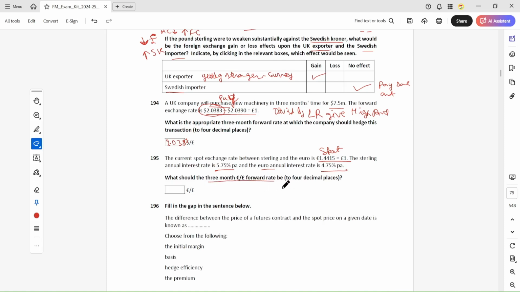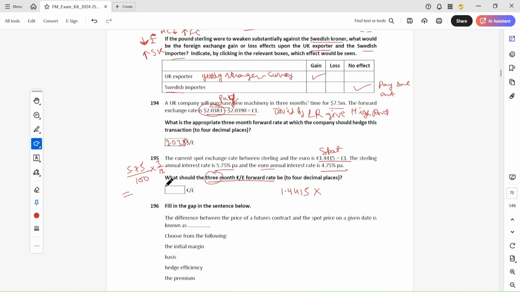Okay, the 3-month forward rate: 1.4415 multiplied by 5.75 divided by 100 and multiplied by 3 divided by 12, because it's a 3-month period, right?